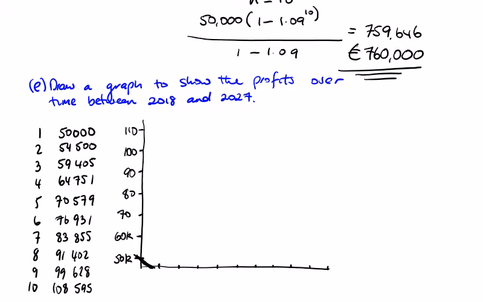And if we plot our points, let's see how it looks. It's exponential. So we're going to get 50. I'm going to get a 54,500, so halfway up approximately. 59,405, so just on the 60 line. 64, so about 65. 70, just over.